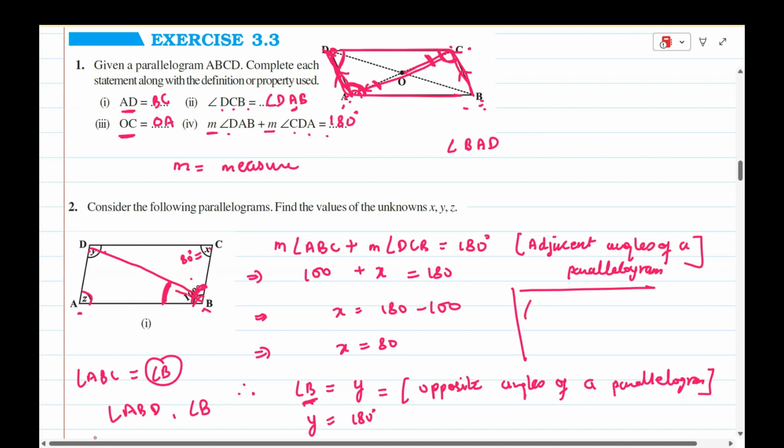It says angle Z is equal to angle C. Again, the same logic, opposite angles of a parallelogram are equal. So Z is 80 degrees as angle C, which is X, is 80 degrees. Correct? So that is angle Z is 80 degrees. Hope you understood this.